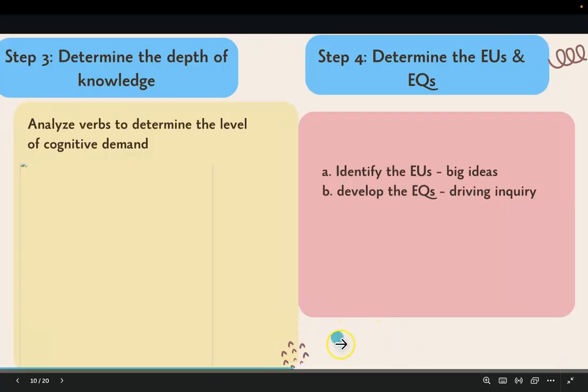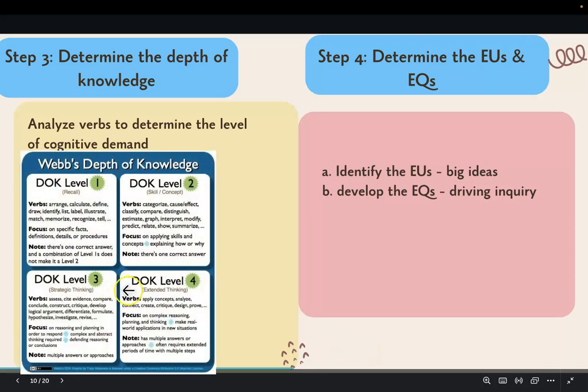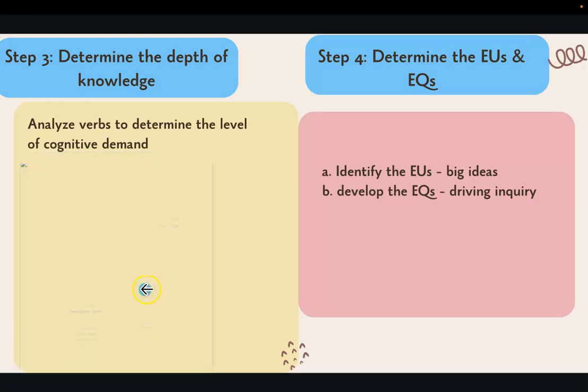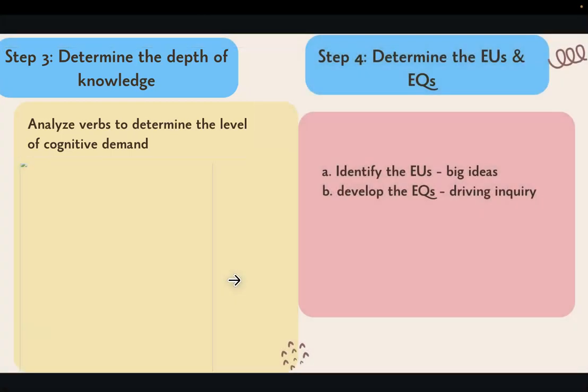And then stage 3 now, oh, my image is not showing, I will have to put this image in, right, is to determine the depth of knowledge. Analyze the verbs to determine the level of cognitive demand, right? How deep should we go?